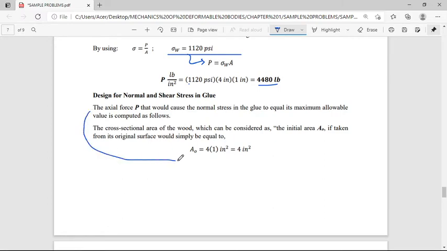The cross-sectional area of the wood, which can be considered the initial area A sub O, if taken from its original surface, would simply be equal to 4 by 1, or simply 4 square inches.